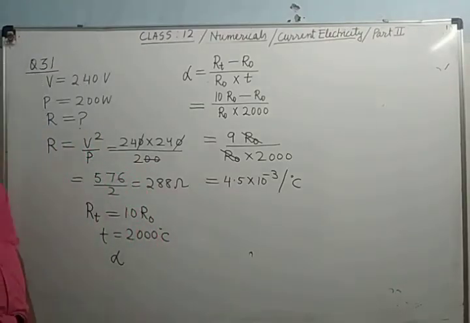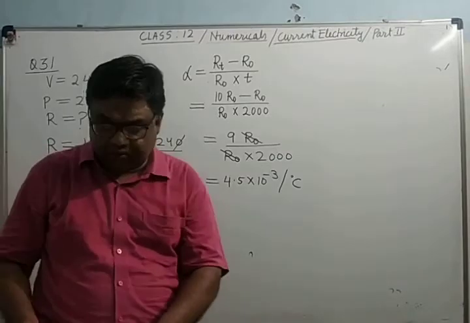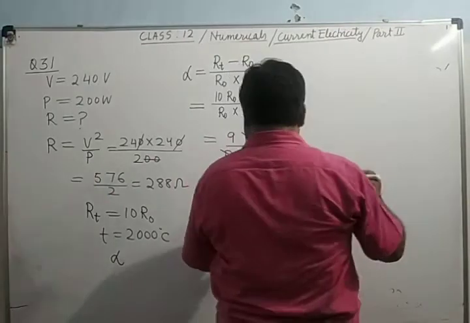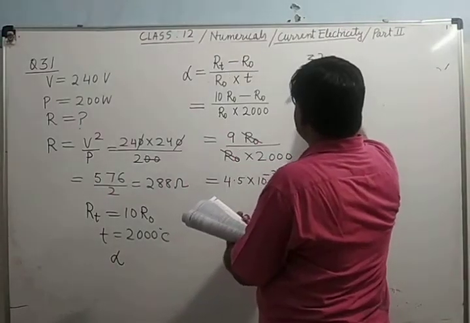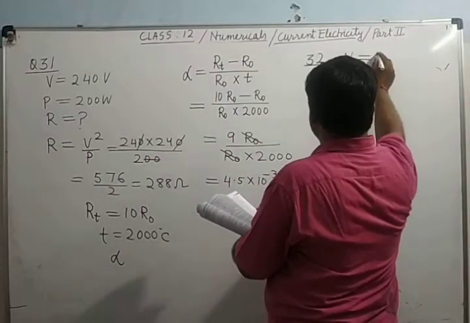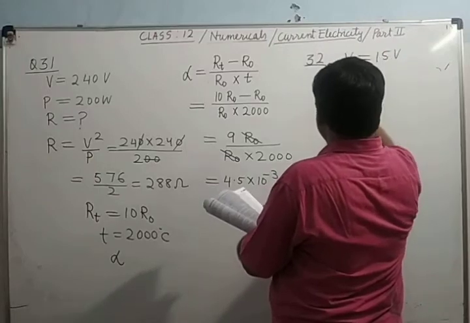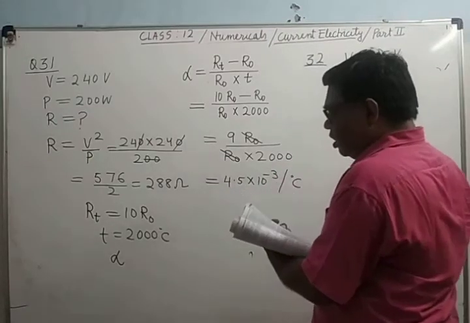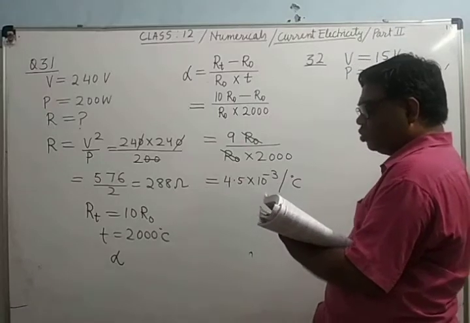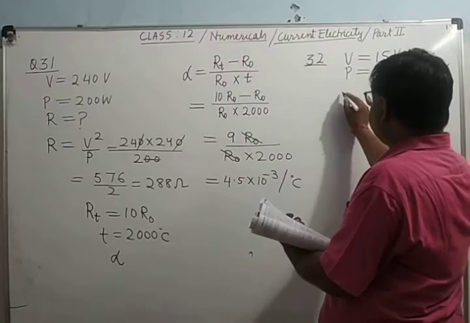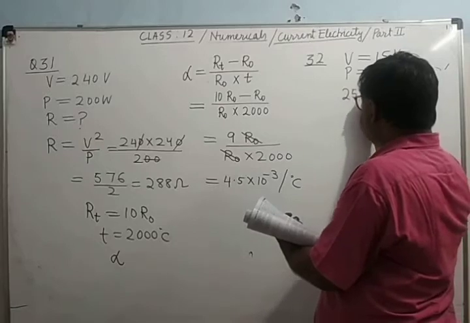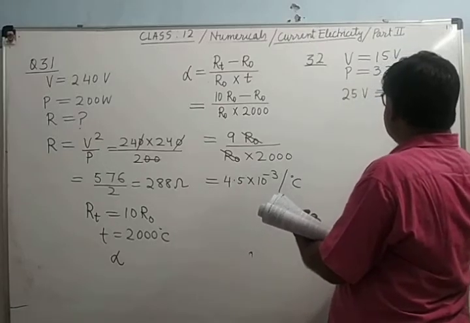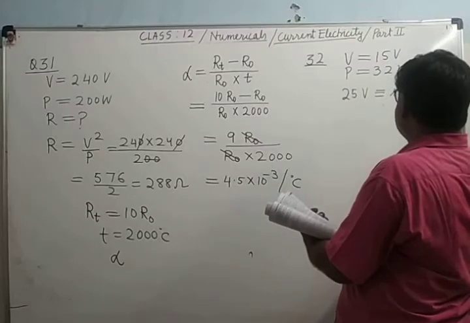Now you can see here next question, question number 32. A lamp is marked 15 volt and 32 watt. Here the marked voltage is V equals 15 volt and power is given 32 watt. It is connected to a DC source of 25 volt. This is the supply voltage.